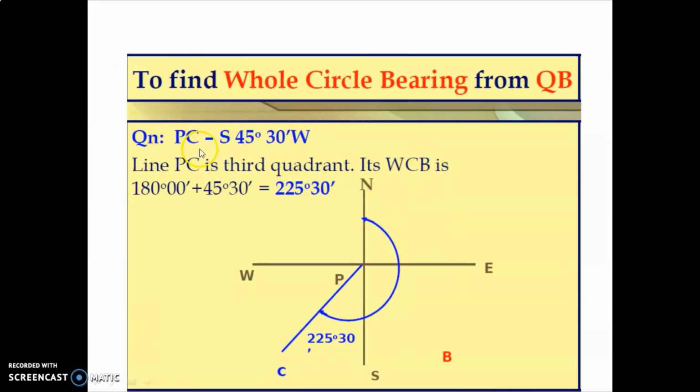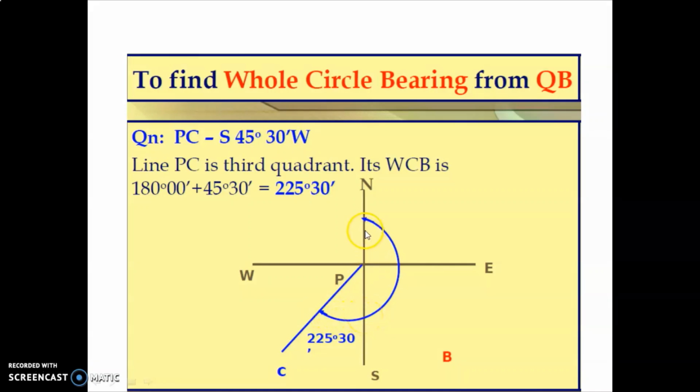Here WCB, line PC is given. Value is south 45 degree 30 minute west. So southwest is the third quadrant. You can see, just draw it this way. Your line shows the north direction, and shows your line PC. South 45 degree 30 minute west means from here to here, from south to this line, this value is 45 degree 30 minute west.